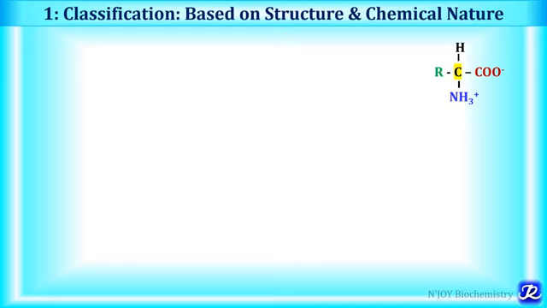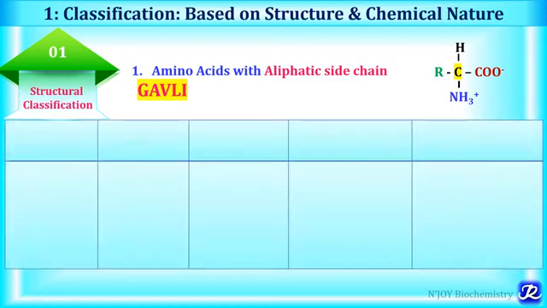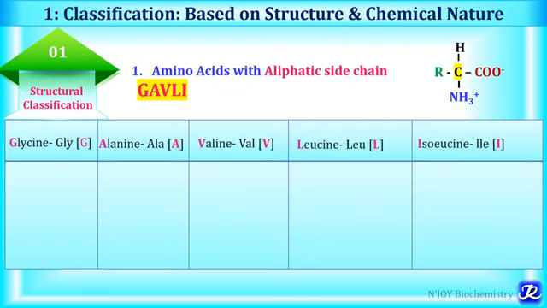Now let's start with the first way of classifying amino acids, which is based on structure and chemical nature. The first group of this structural classification is amino acids with aliphatic side chain. There are 5 amino acids in this group, that is glycine, alanine, valine, leucine and isoleucine, which can be remembered as the mnemonic GAVLI, GAVLI.